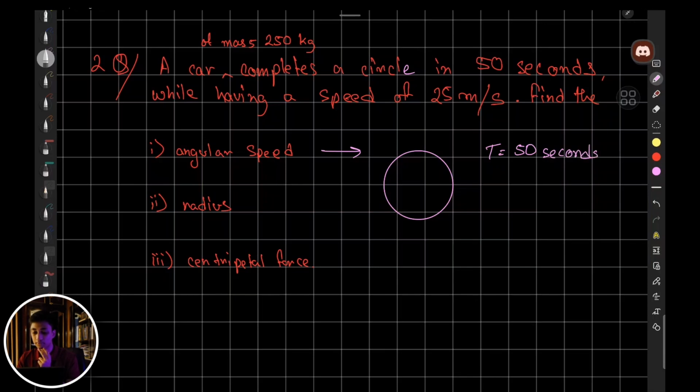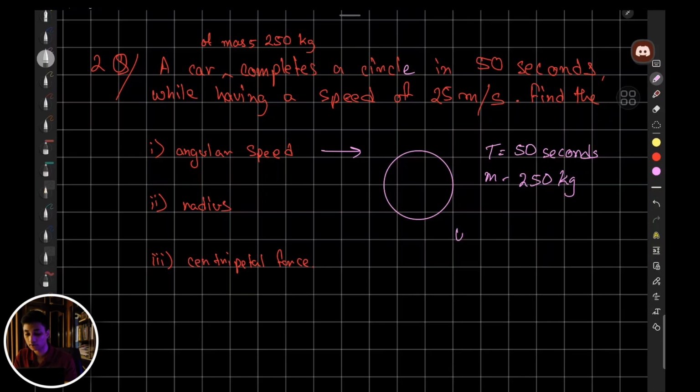What does that mean? It's completing one revolution in 50 seconds. And the mass of the car is 250 kg. Now, what are we trying to figure out? The angular speed, which is very easy.